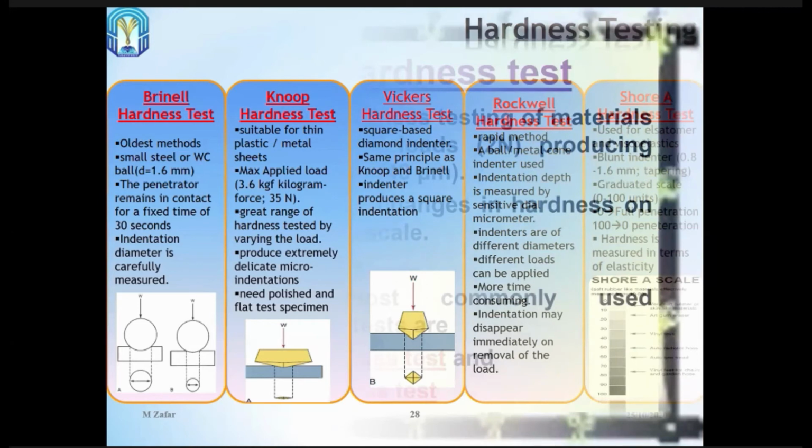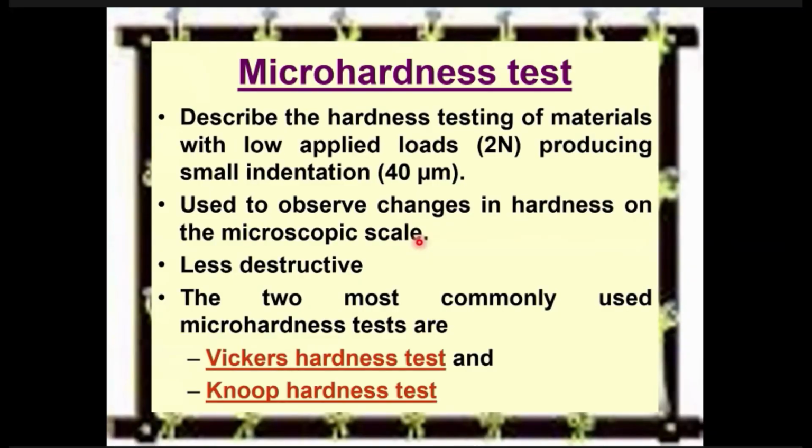Right. We come to micro hardness. Basically, we test micro hardness even for Vickers and Knoop hardness tests, because sometimes the indent is too small and we cannot measure the area with the naked eye, or we can measure but not accurately. So therefore, we need micro hardness testing where we can calculate using visibility of the indentation under a microscope.